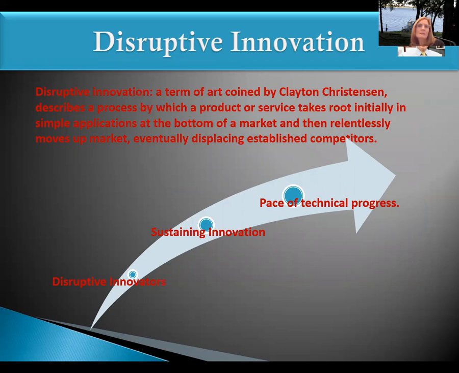So disruptive innovation is a term of art coined by Clayton Christensen. It describes a process by which a product or service takes root initially in simple applications at the bottom of a market and then relentlessly moves up the market, eventually displacing established competitors. Well, this theory works fine in regard to creating a sustainability program as well.